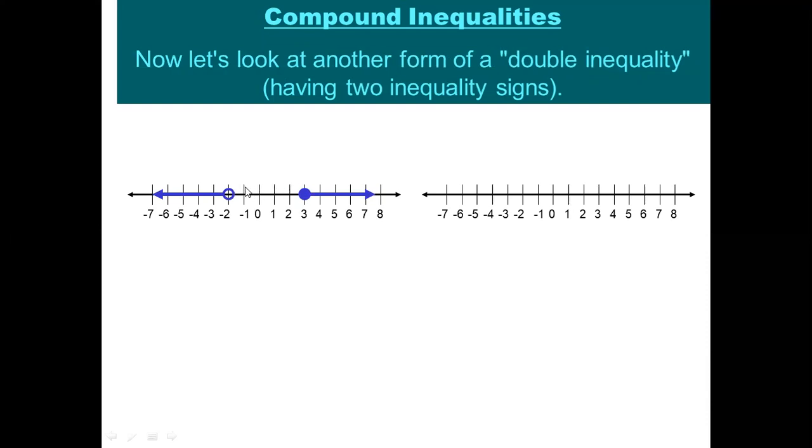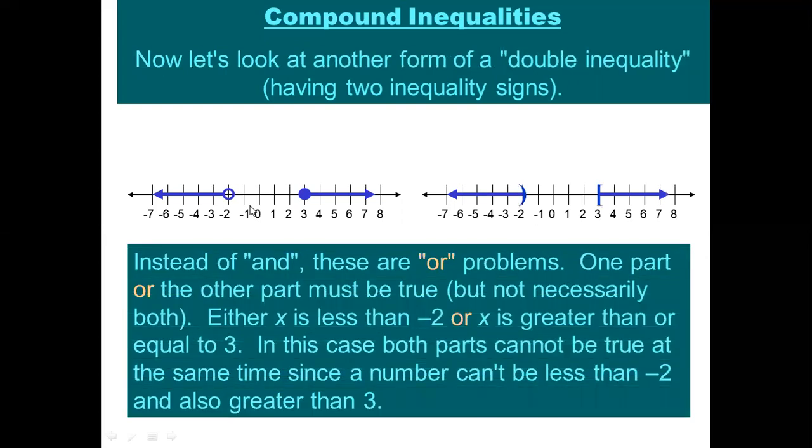Now see, on the same line we are breaking the interval. So there is an 'or' condition, which means one part must be true, but it is not necessary that the second part is true. See here the statement: either x is less than -2, or x is greater than or equal to 3. Either-or means if one is false, then the other is true.